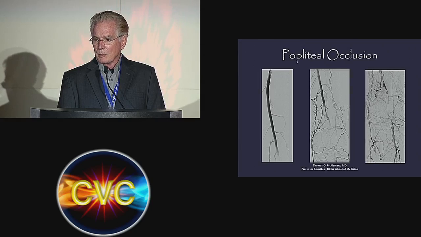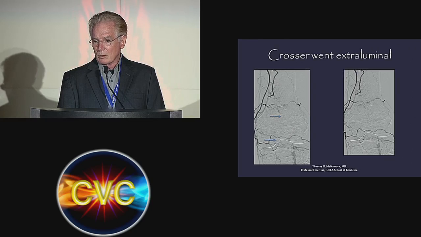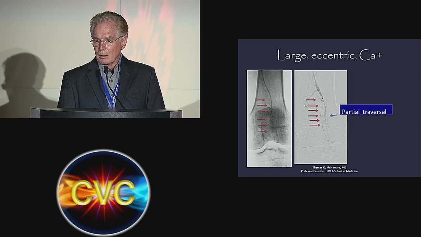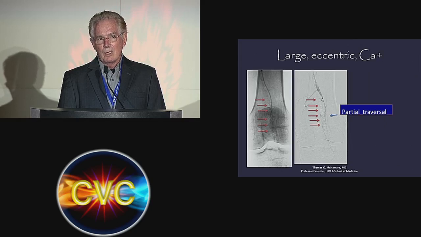At any rate, downstream he had, as mentioned, a very heavily calcified occlusion, though you can't tell it on the subtractions. We tried the crosser, which is a little difficult to see on the slides, and it went extraintimal. With just a guide wire and catheter, we managed to create partial traversal.